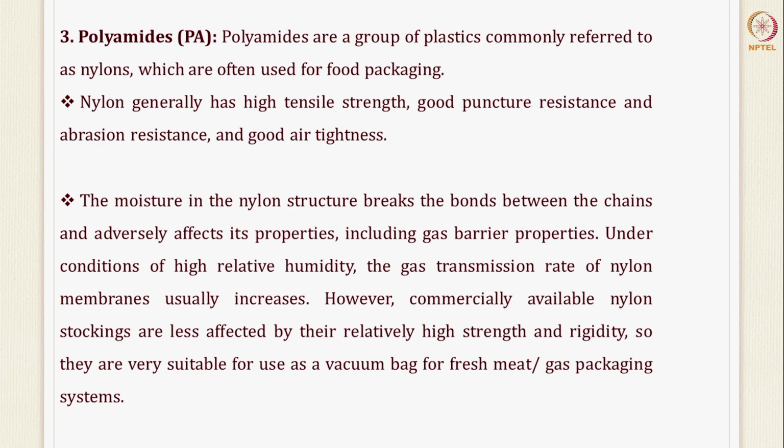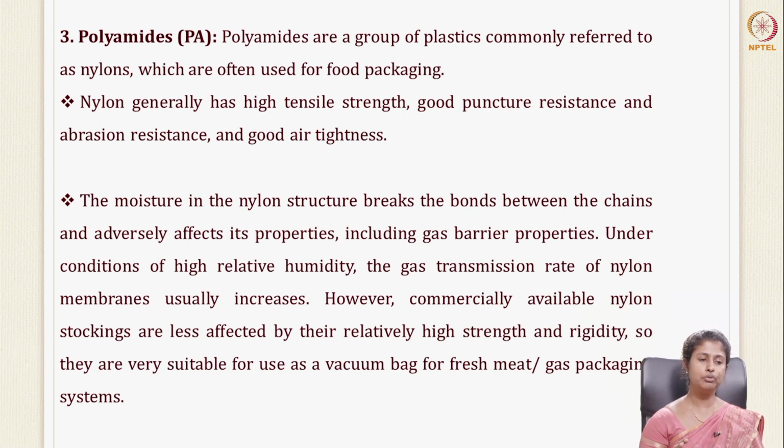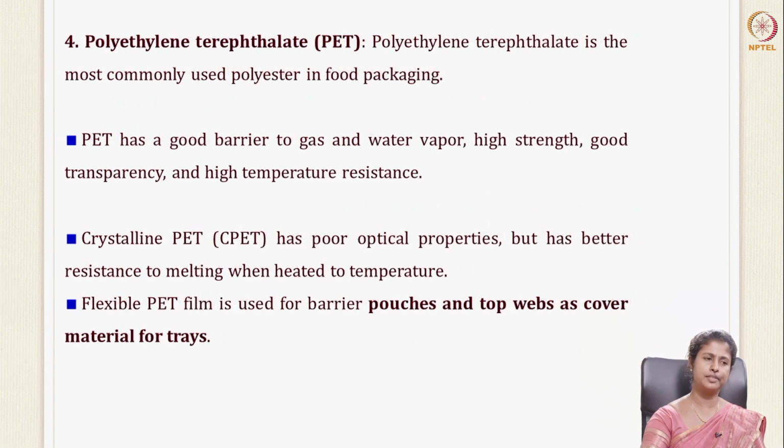So if you're keeping packages which have nylon as one of the materials under high relative humidity, the gas barrier of nylon decreases drastically. But commercially available nylons are usually less affected and have relatively good strength and rigidity. So they can be used for vacuum packaging of meat and for gas packaging systems also.